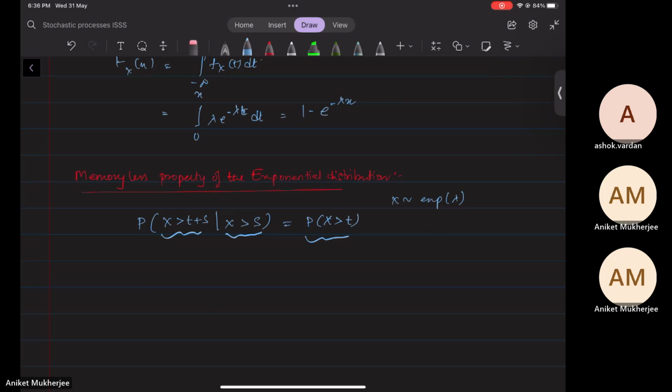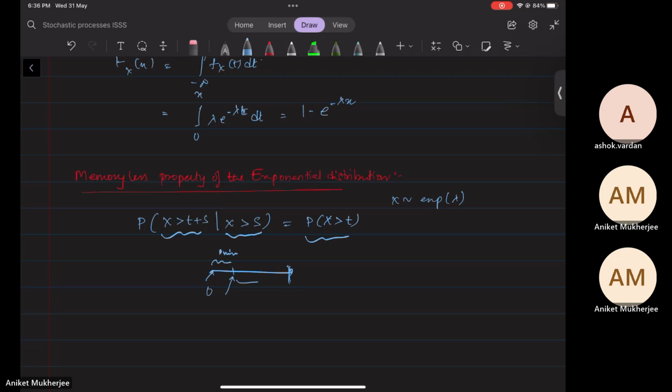Suppose a bus arrived and left at instant 0 at a bus stand, and the next bus will wait for an exponential random variable amount of time and then arrive. You don't know this time, it is random. Now suppose you have come 1 minute after the 0th bus has left.